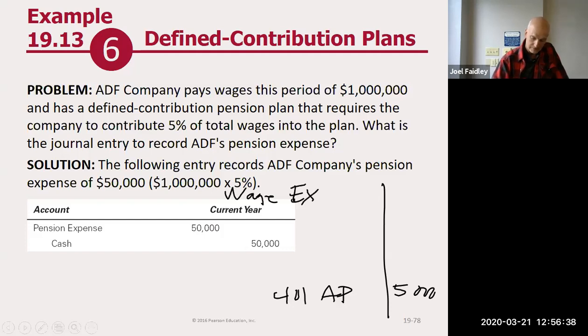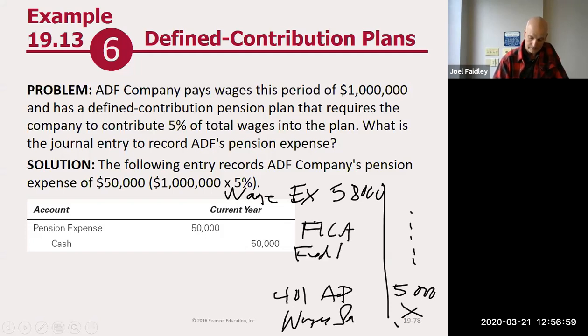Wage expense up here, maybe $58,000. And you had all these deductions, and you had finally what? Wages payable, net pay. You had FICA, you had federal tax. All those are credits. Remember that?